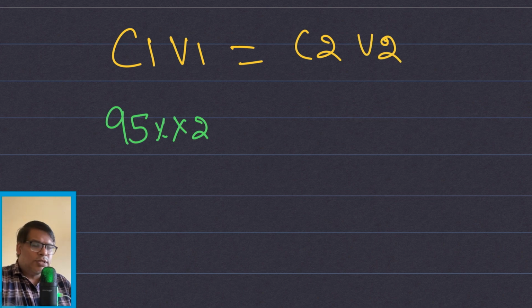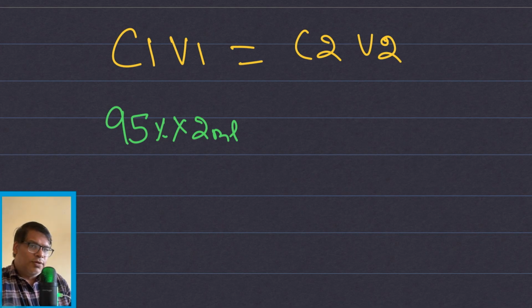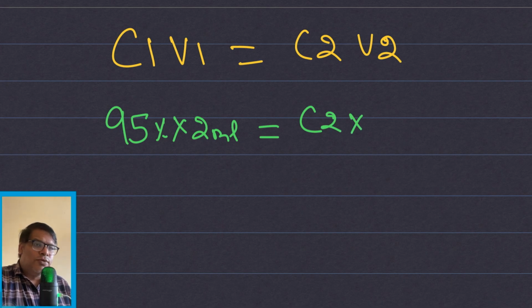In this question, the value of C1 is 95, V1 is 2 ml. So you have taken 2 ml of 95% ethanol. Now we have to calculate C2. What is V2?